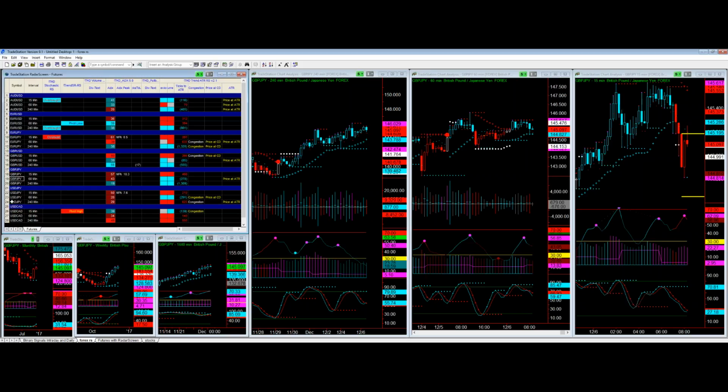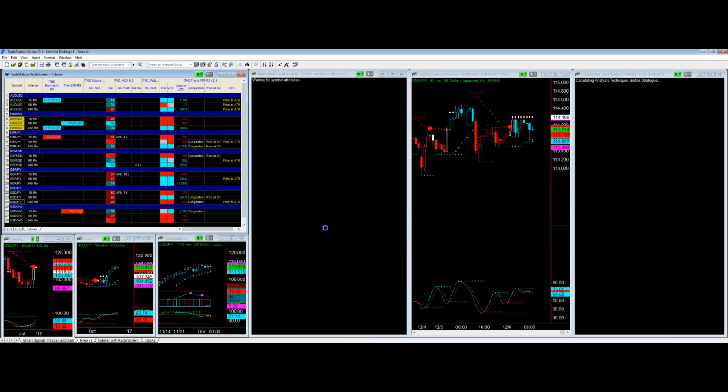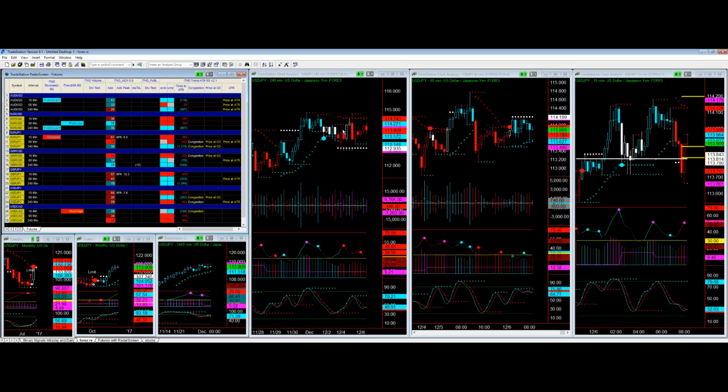The USD JPY is coming in on the 240. This is close enough to take this trade. Now, this one is 240 minutes. So this one, you're going to have to go out on a weekly pretty much to give you that profit target. Does everybody understand that?